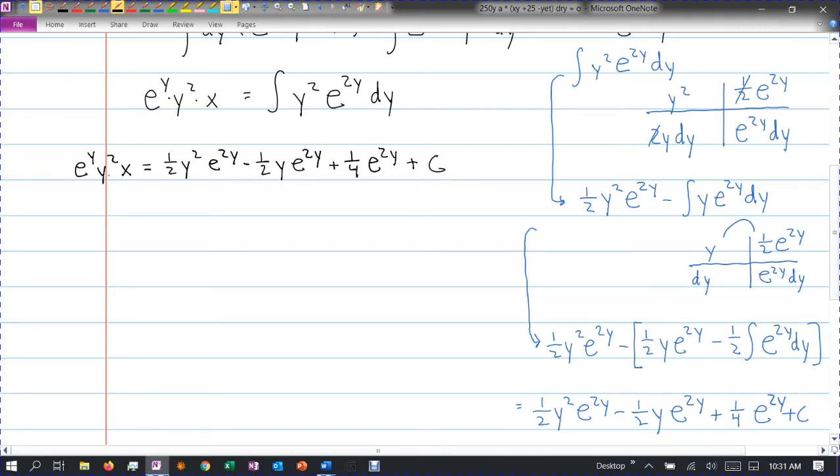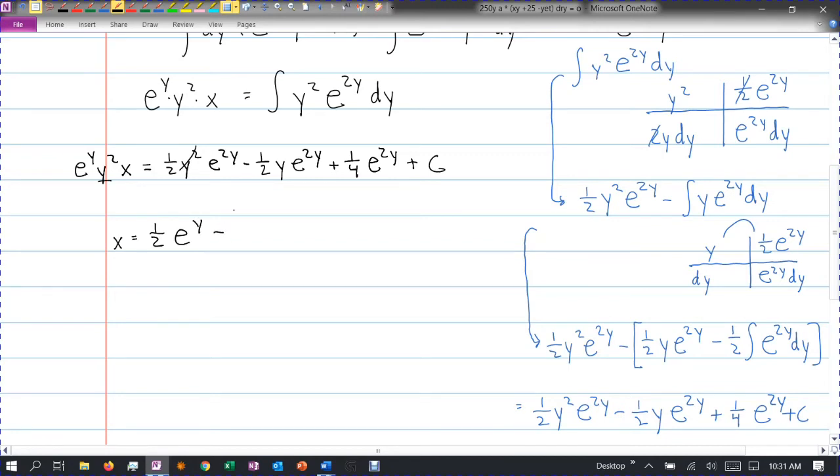And I'm going to solve for x, so I'm going to divide everything through by e to the y squared. So x should be, on this first one we'll still have a half. The y squareds cancel when I do that. And e to the 2y divided by e to the y is just e to the y, subtraction of exponents.